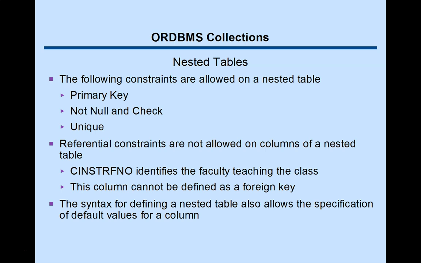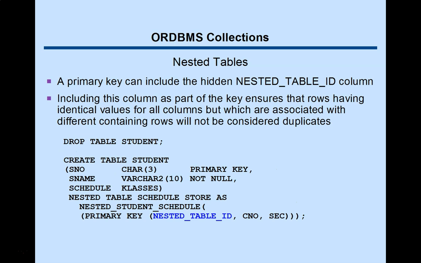The syntax for defining a nested table also allows the specification of default values for a column. There's a special hidden column that we briefly mentioned earlier called nested table ID. This column can be used in conjunction with actual exposed attributes or columns of the nested store table.